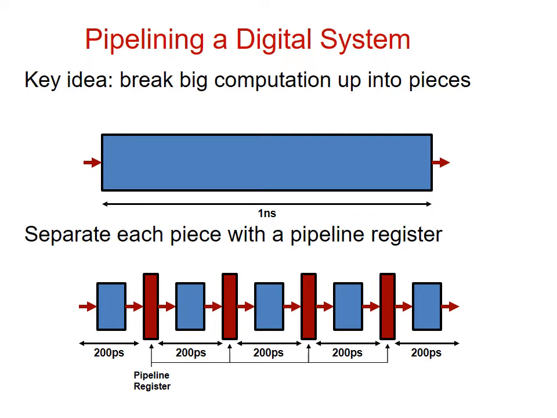If you follow the figure, in the first blue figure the total time of work is 1 nanosecond, and the second figure shows that we separated each piece of work using pipeline registers, dividing the whole work into small pieces of 200 picoseconds.